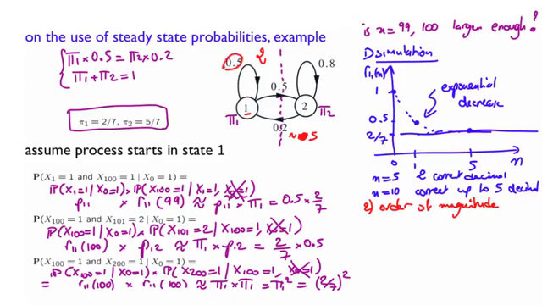Assume that instead of 0.5 here, the probability that you had was 0.99, and maybe here instead of 0.8 it was 0.998. Now in order to observe such a transition, since this number here would become 0.001, it would take on average about 1000 time steps in order to observe one such transition.